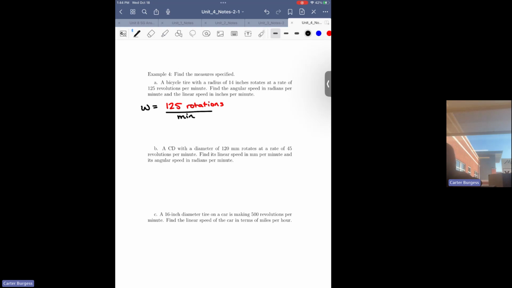The good news for us is that units cancel very similarly to numbers. So if you see a unit in the numerator and a unit in the denominator, they cancel each other out. If I want to cancel rotations in the numerator, where am I going to need rotations? I need them in the denominator as well.